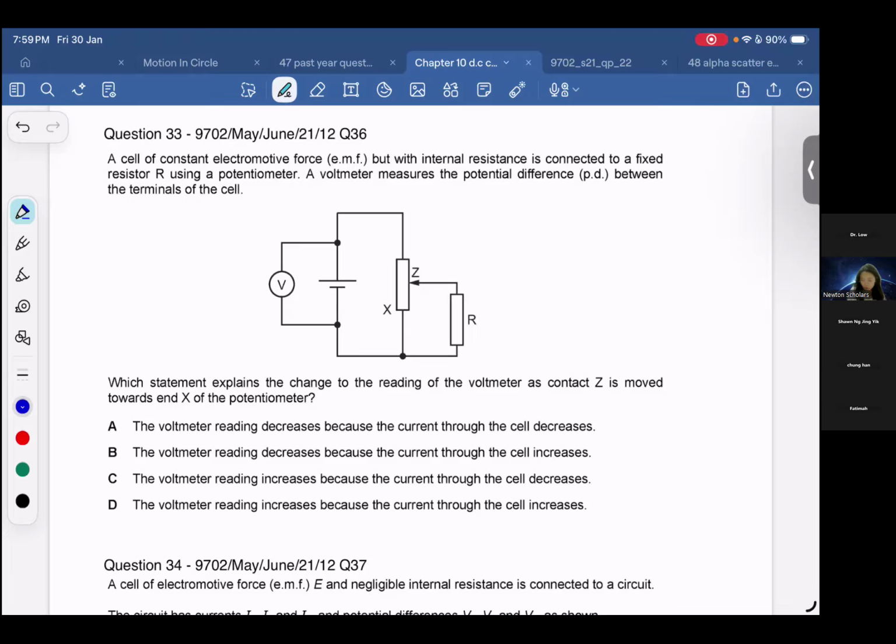Maybe it's my problem. Let me check the answer. But I don't know why my mouse suddenly doesn't work.